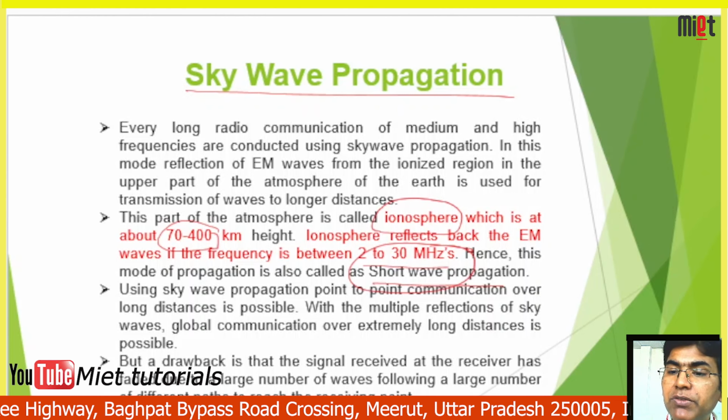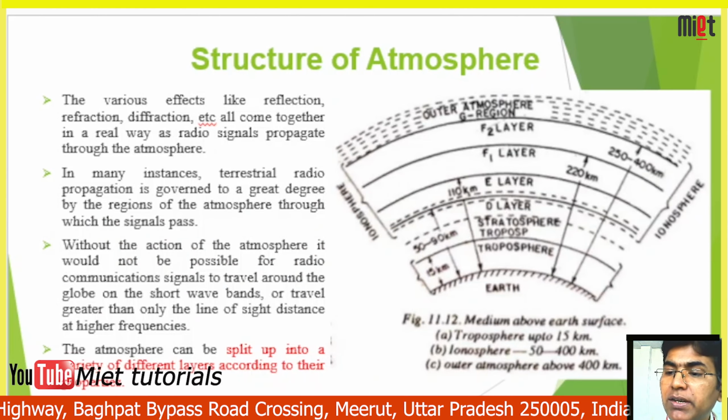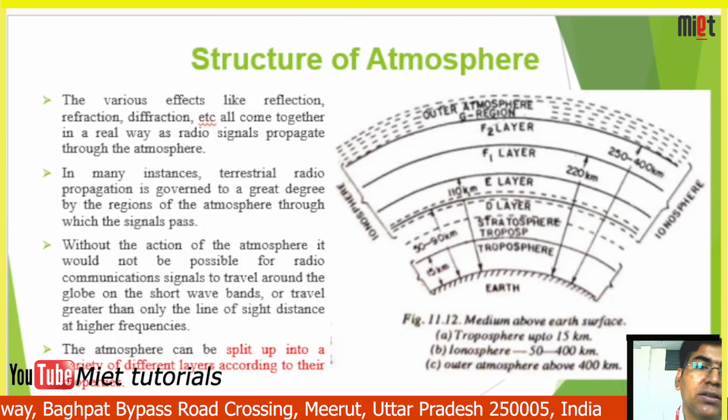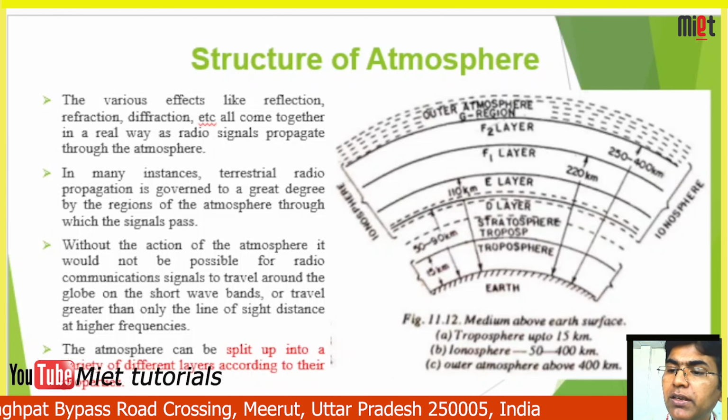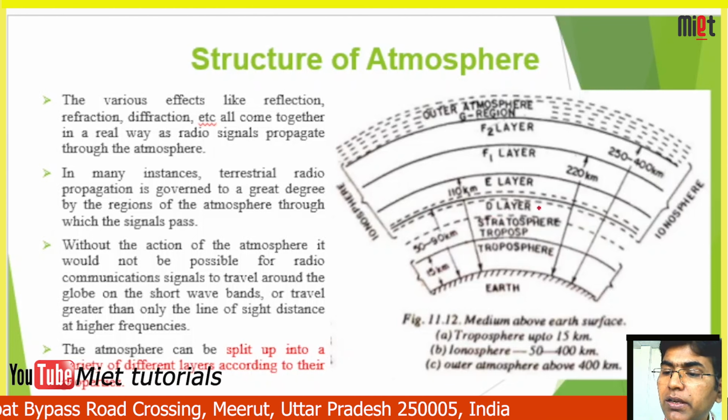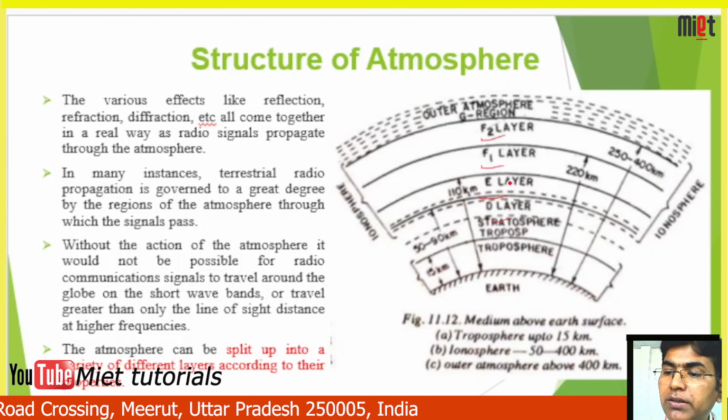This is the structure of the ionosphere. You can see that there are several layers, and these layers are based on the electron density. There are the D layer, the E layer, the F1 layer, and the F2 layer. These layers have different electron densities.